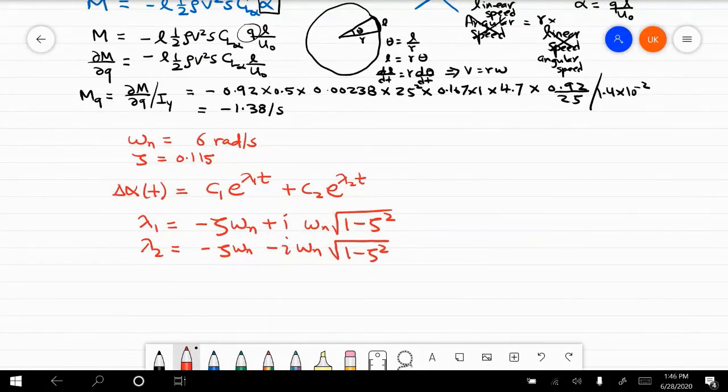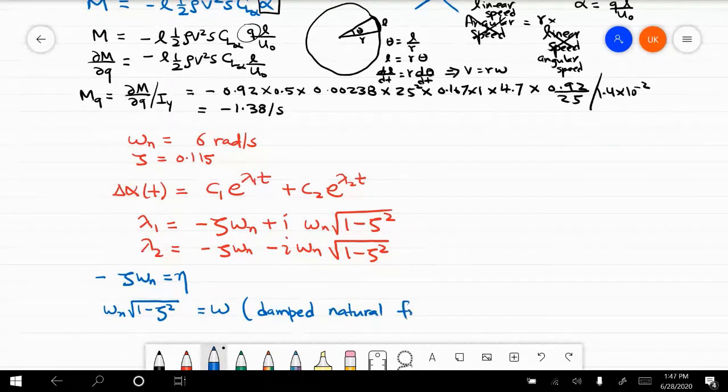So just to reduce the clutter, the minus zeta omega n was written as eta, and omega n square root of 1 minus zeta squared was written as omega, and this omega was called the damped natural frequency.